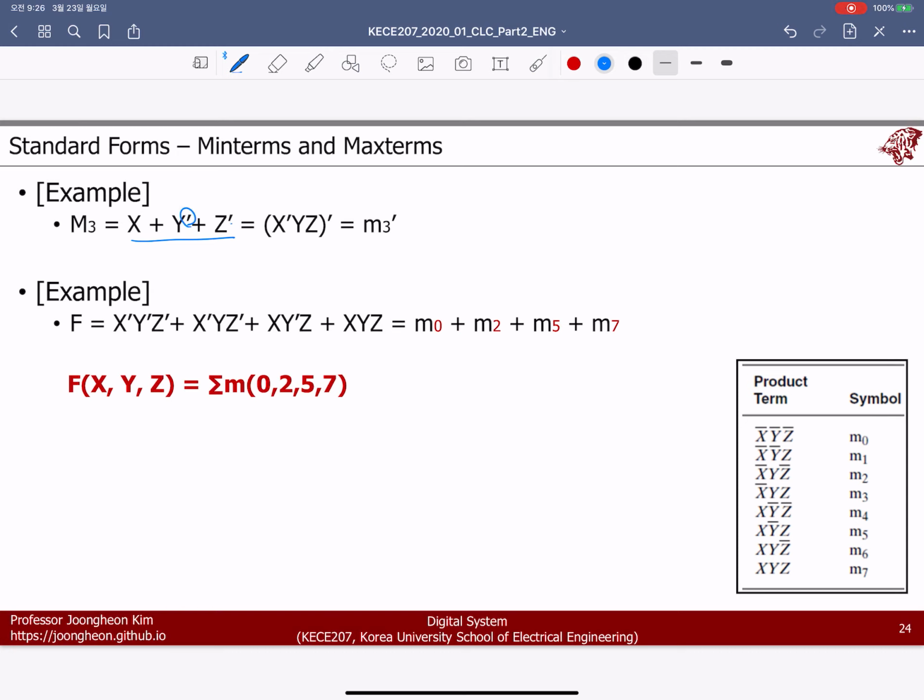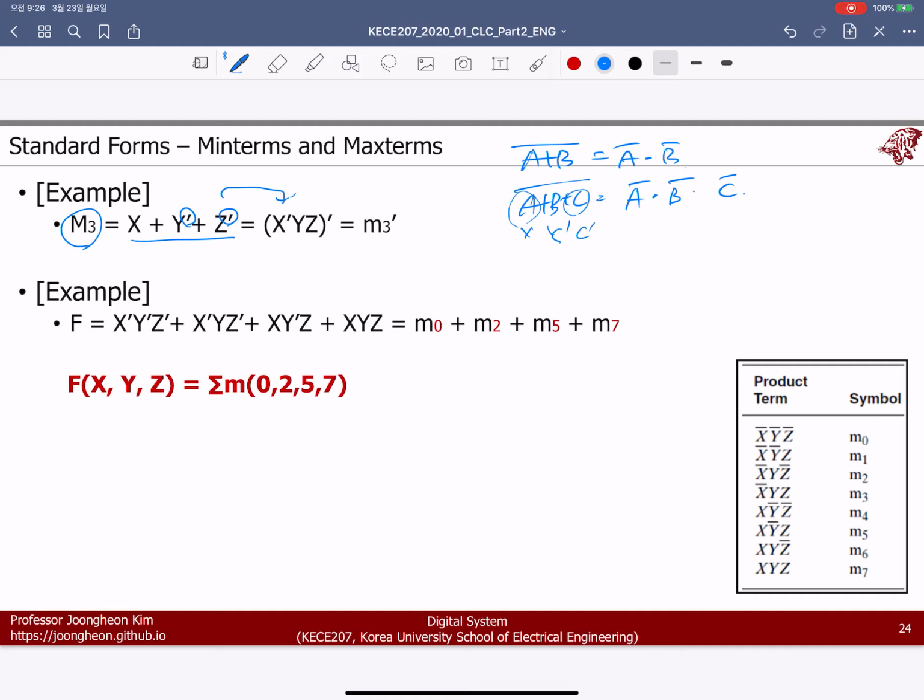By De Morgan's theorem, a plus b becomes a bar b bar, and when we have a plus b plus c, it becomes a bar dot b bar dot c bar. Here a is x, b was y prime, c was g prime, right?